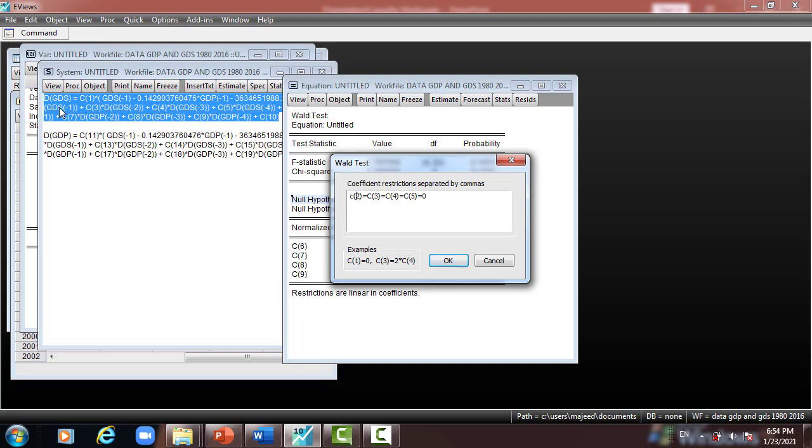This is the null hypothesis for gross domestic saving, and we want to see the influence of these coefficients jointly on GDS.